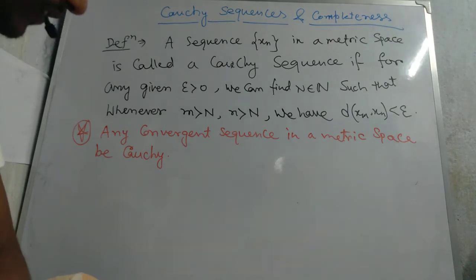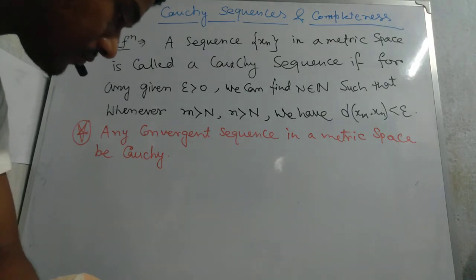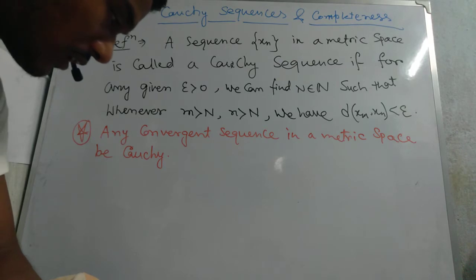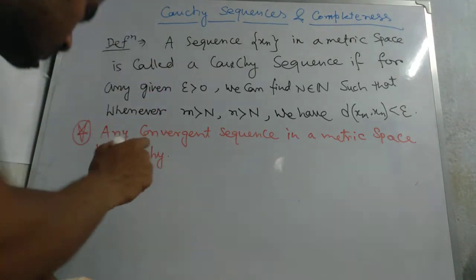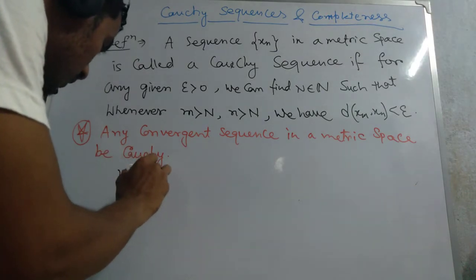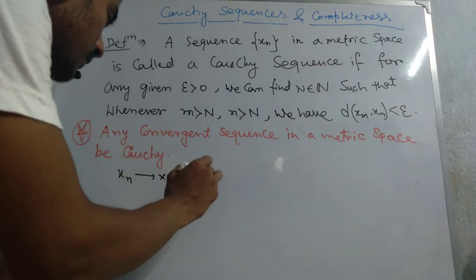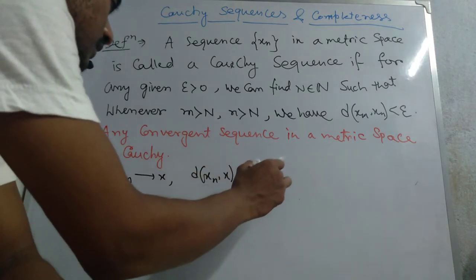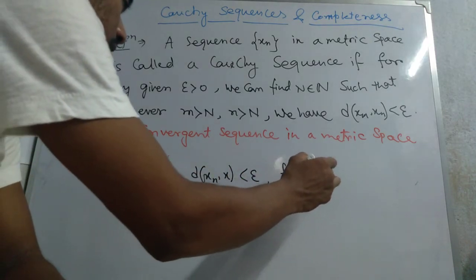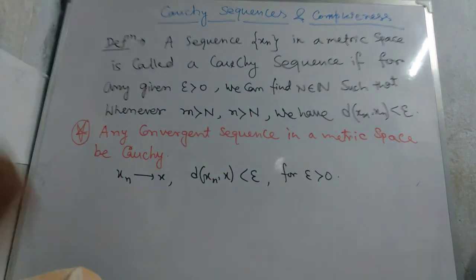Then how do we discuss that? Any convergent sequence, we write x_n converges to x, then d of x_n, x is less than epsilon for epsilon greater than 0.